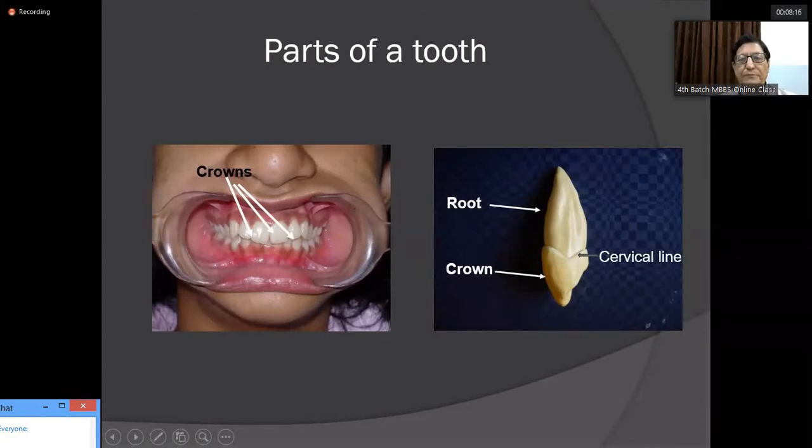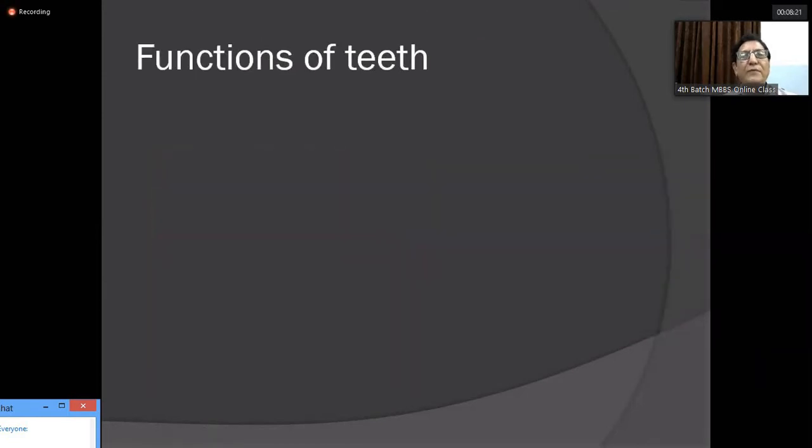Now, what are the functions of teeth? Many of you already know the functions of teeth. Just to recapitulate, mastication. The teeth are basically meant to chew food particles into small pieces so that the surface area for the action of digestive juices is increased.